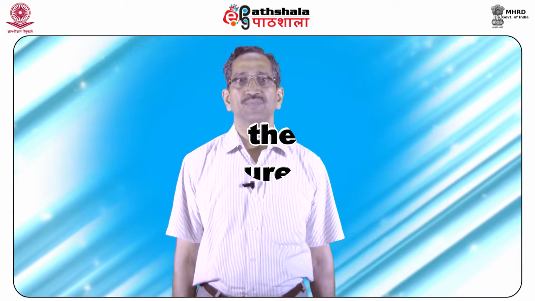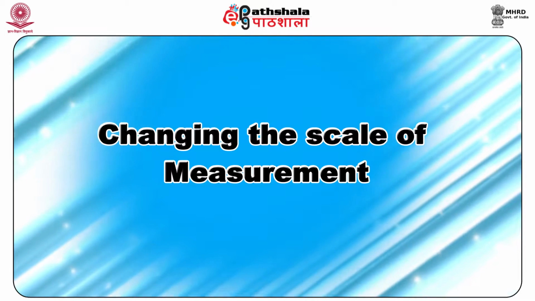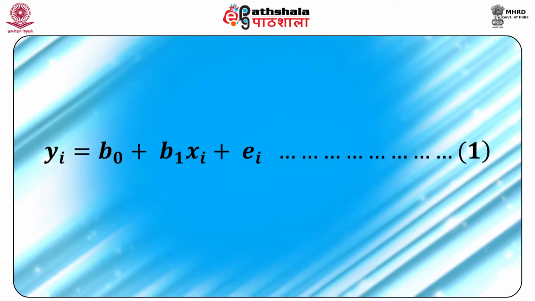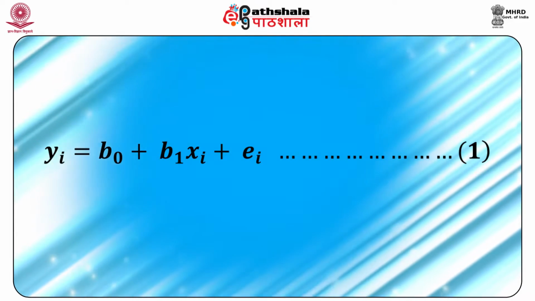So, having understood the regression through the origin, let us now move on and try to understand the impact of change of scale and origin of measurement. So, let us first look at changing the scale of measurement. By scale, we mean that we may divide or multiply a variable by a scalar.